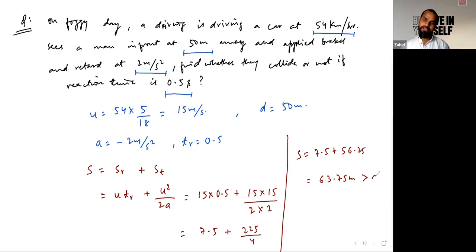It is larger as compared to D, so the car will collide.